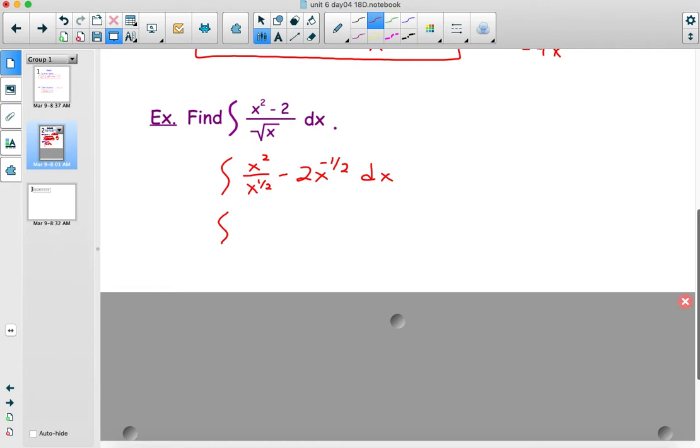Well, when we divide, remember back in algebra, like x to the 5th over x squared, that's x to the 5 minus 2. So you just subtract the exponents. So 2 minus 1/2 is 3/2. So that simplifies to just x to the 3/2 minus 2x to the negative 1/2.